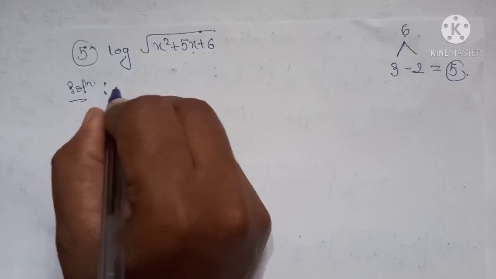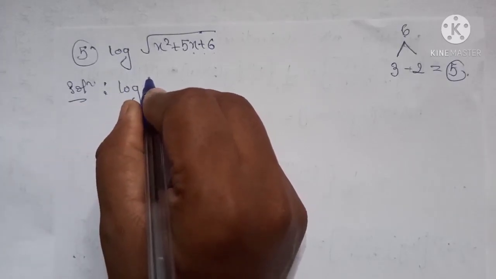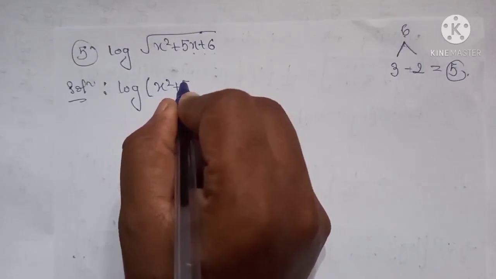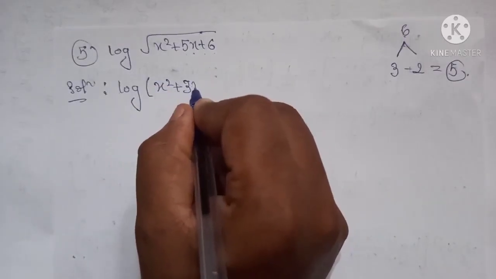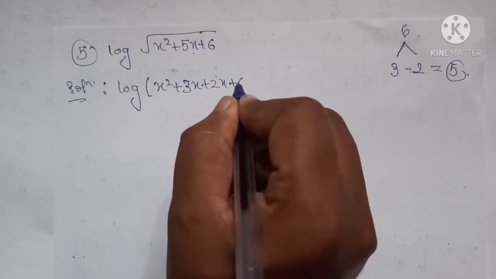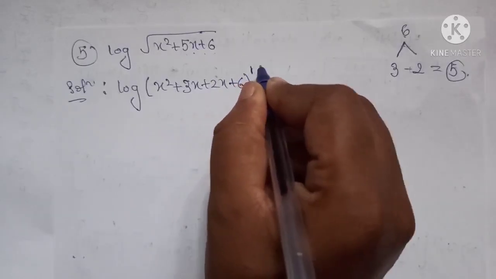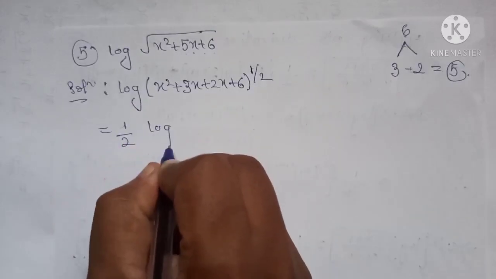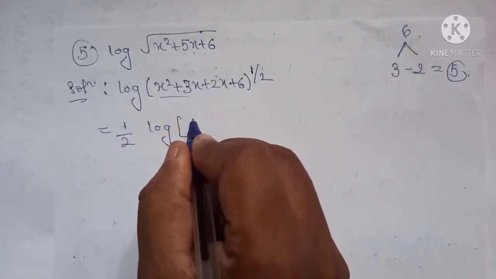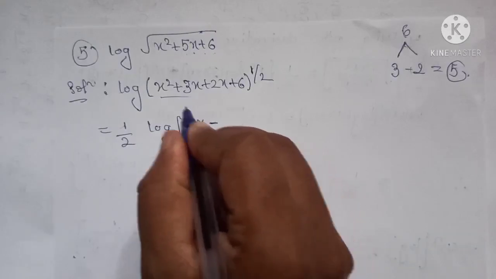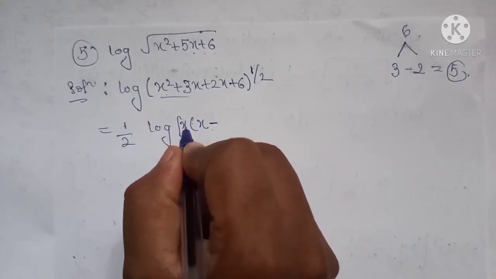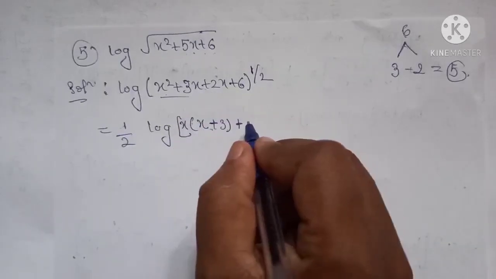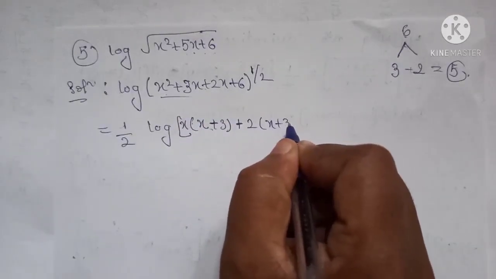Thus the given function can be written as log of square root of (x square plus 3x plus 2x plus 6), power 1 by 2, which equals 1 by 2 log of x times (x plus 3) plus 2 times (x plus 3).